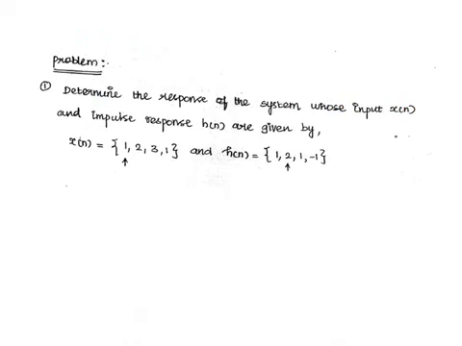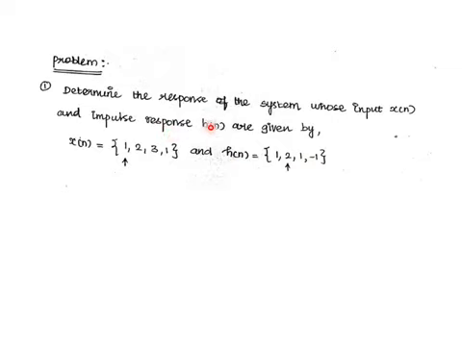Now we'll solve a problem of linear convolution using the graphical method. Looking into the problem statement, it states: determine the response of the system whose input x of n and impulse response h of n are given by x of n equal to 1, 2, 3, 1 and h of n equal to 1, 2, 1 and minus 1.